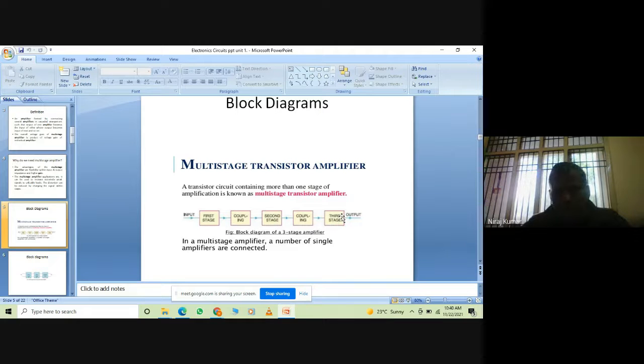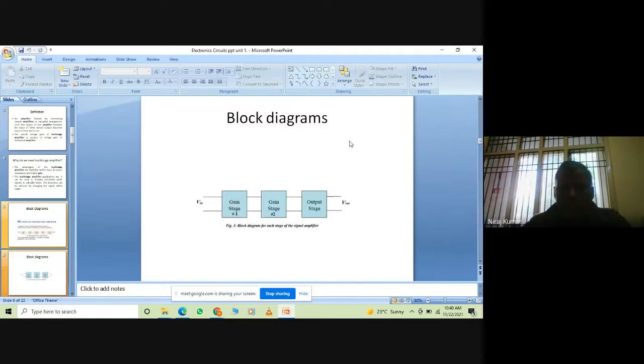Between the stages, one block is the coupling. After the second stage and third stage there is also coupling. So in the middle of the first and second stage is one box, the coupling, through which the amplifier sections are connected. In this block diagram, the individual gains are applied to each other.